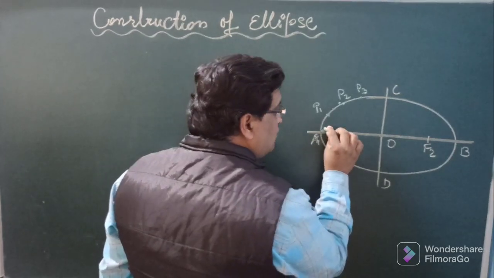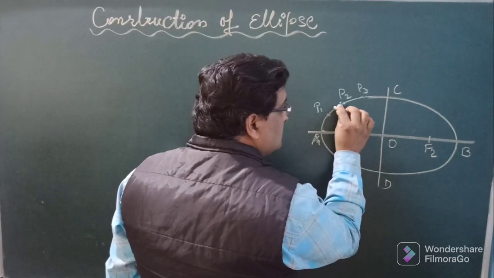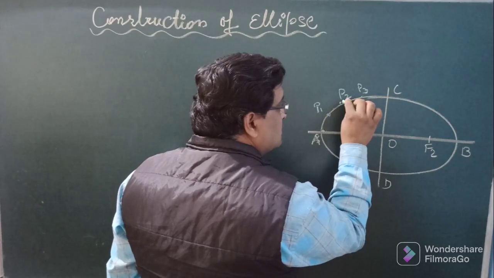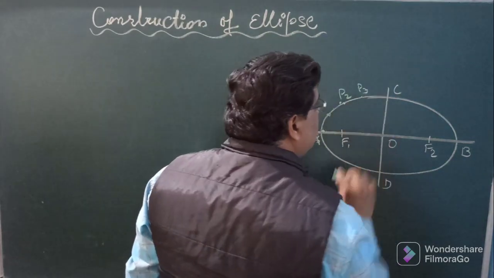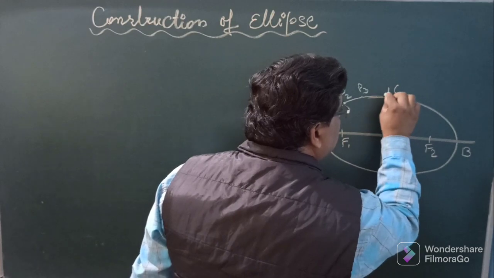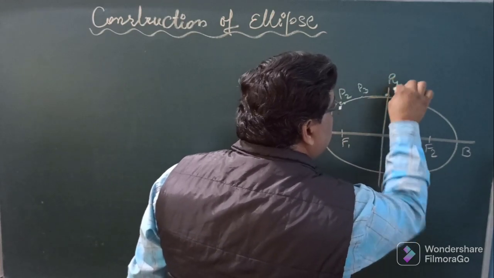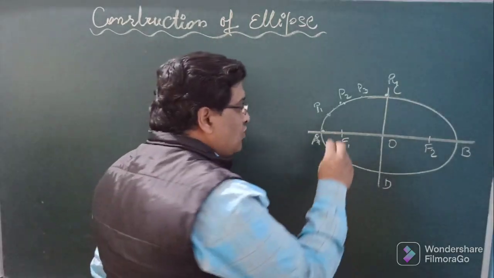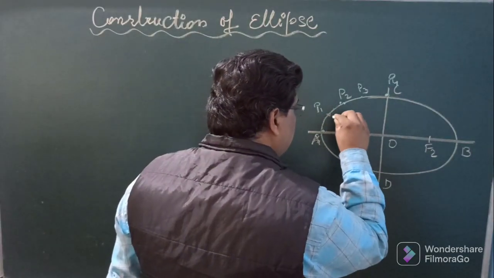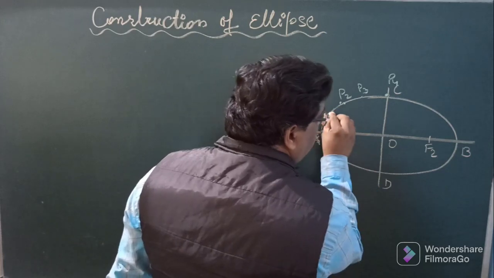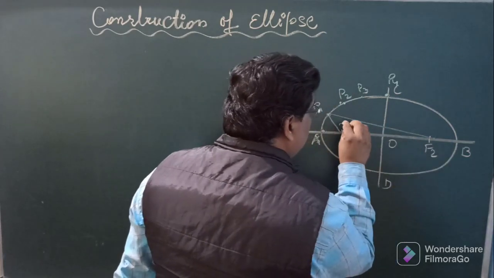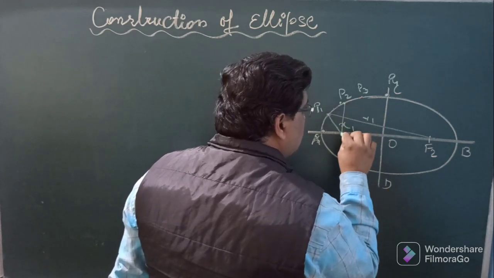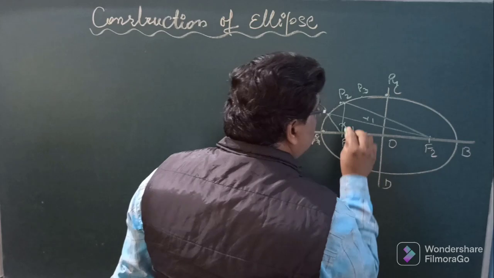This point starts moving on this plane, that is the board, like this, and after some time it is at P1, then it goes to P2, then P3, and after some time it may pass through the P4 position, that is the position of point C. If I join this P1 with F1 and F2 and denote these distances by x1 and y1, similarly P2 may be joined to both the focus.